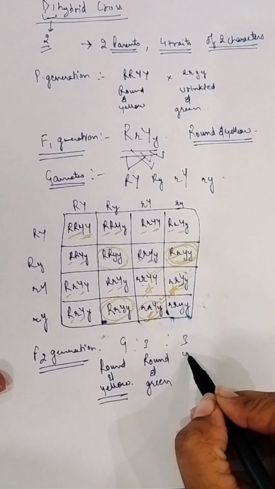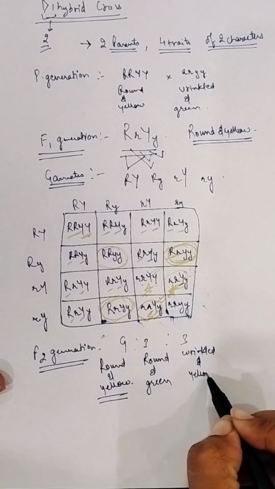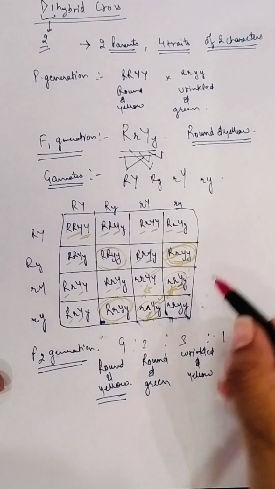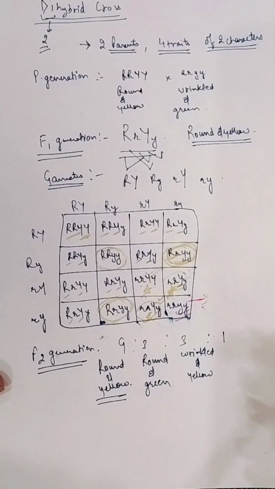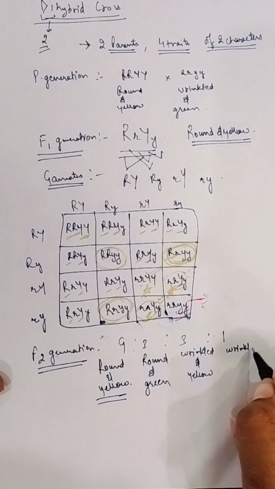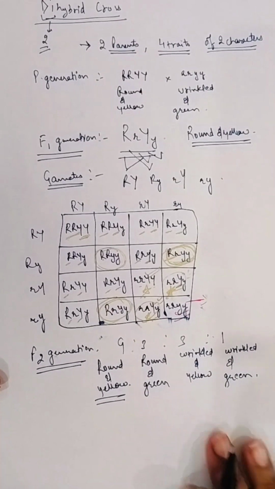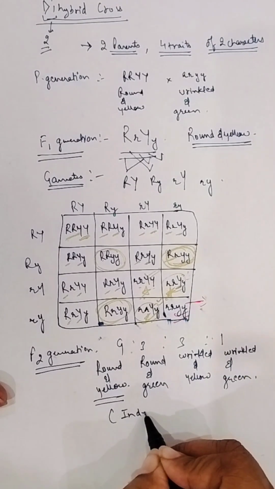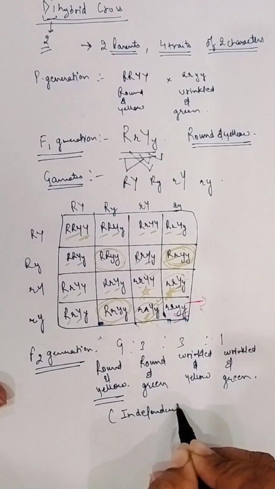So 3 we are having wrinkled and yellow, and at last the last one, this is wrinkled and green. So 9 is to 3 is to 3 is to 1 ratio is purely because of the law of independent assortment.